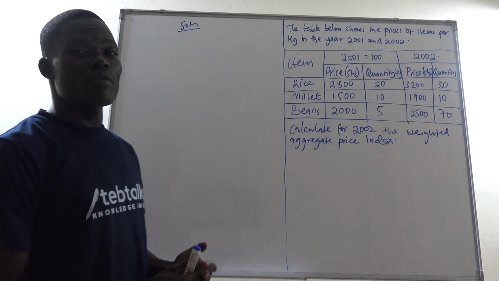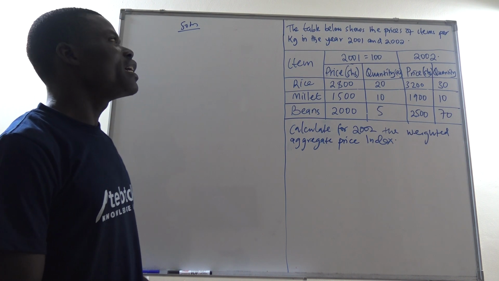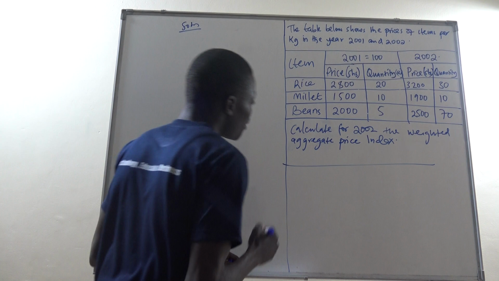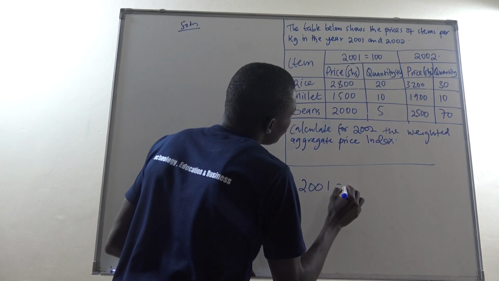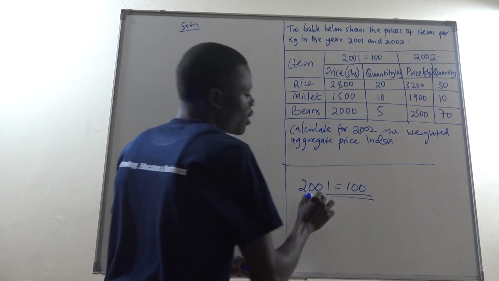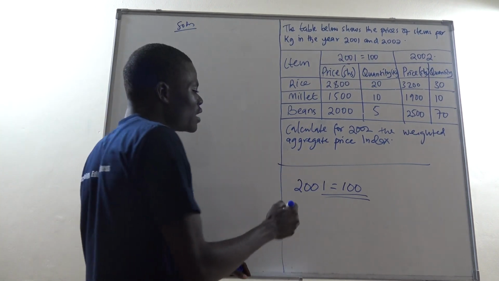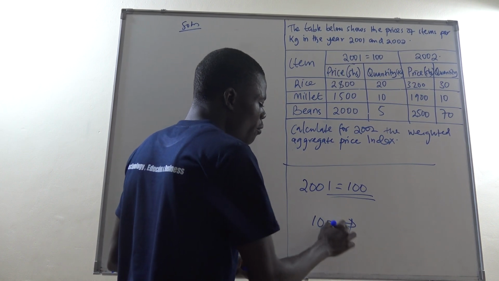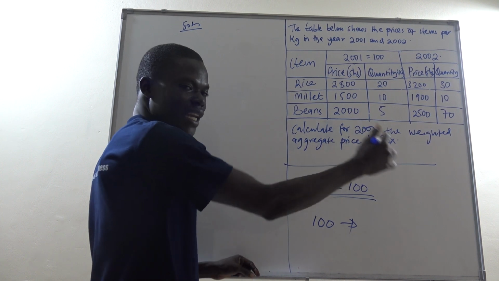First and foremost, they have not specified which one is the base year. But in the table, they have shown us 2001 equals 100. Remember, we said that the index number we calculate is in the standard form of 100. Any number above 100 means there is an increase in that value by that percentage.